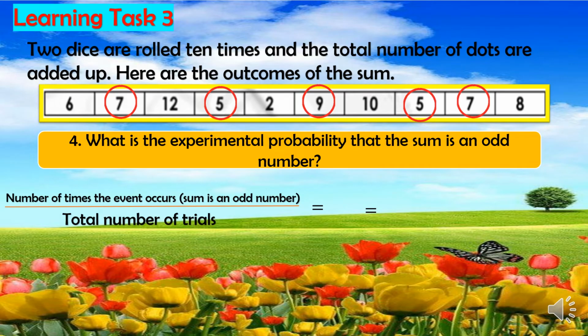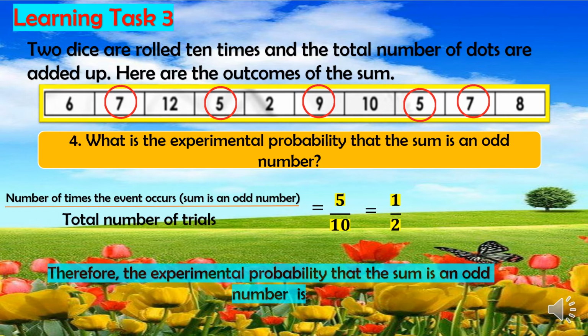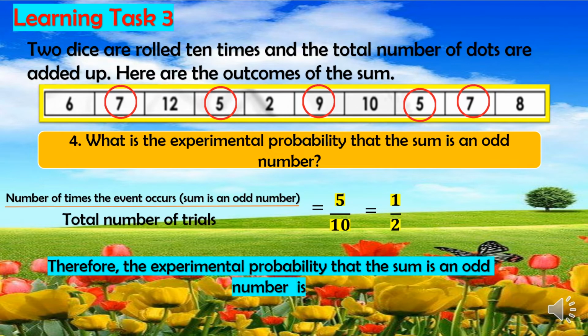So that means we have 5 over 10. Or, kapag ini-lowest term natin, you have 1/2. Therefore, the experimental probability that the sum is an odd number is 1/2.